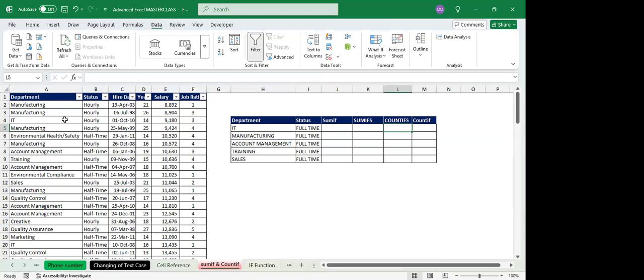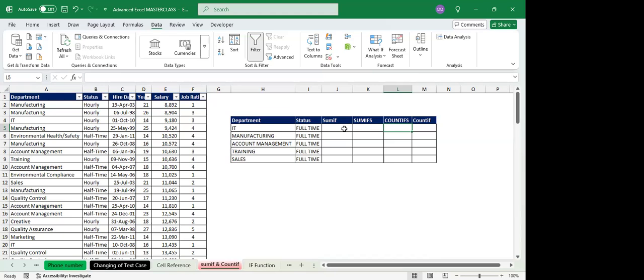I want to sum salary, but there's a criteria attached to it. That is, the salaries that you're going to sum together must only be the people in the IT department.